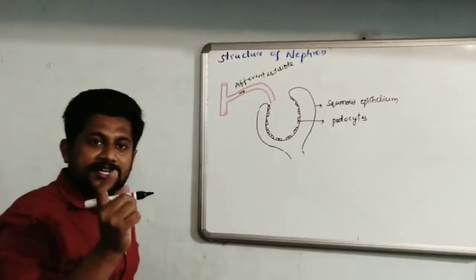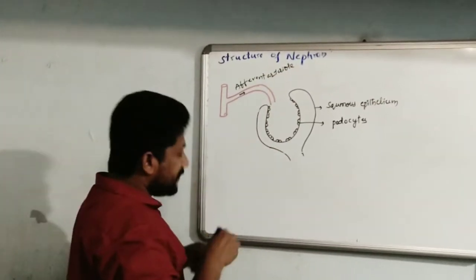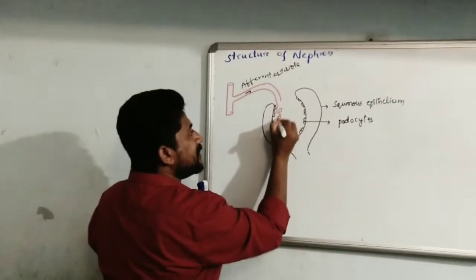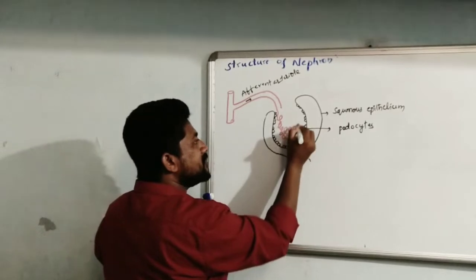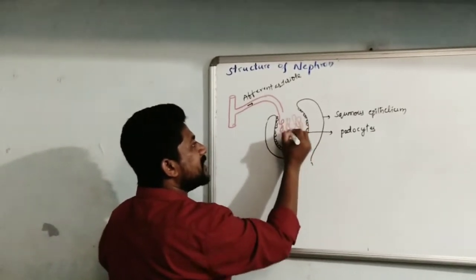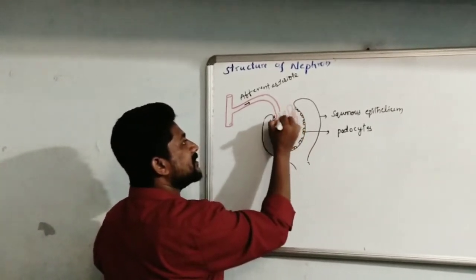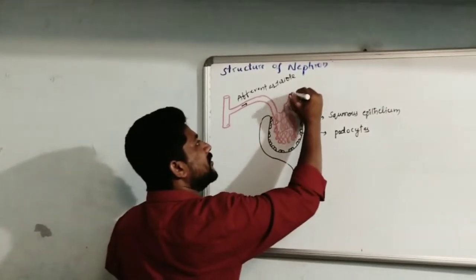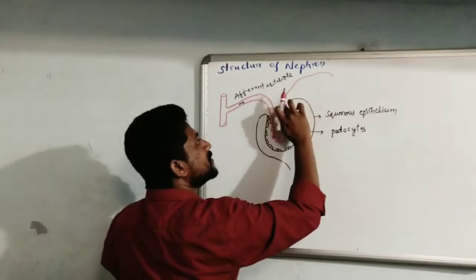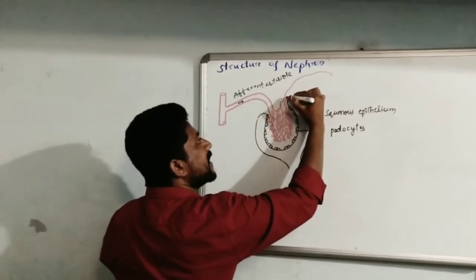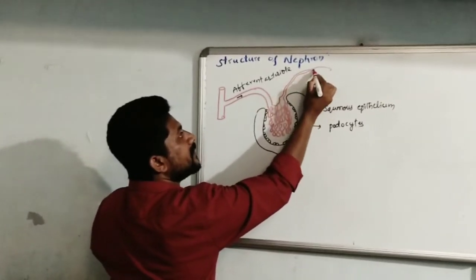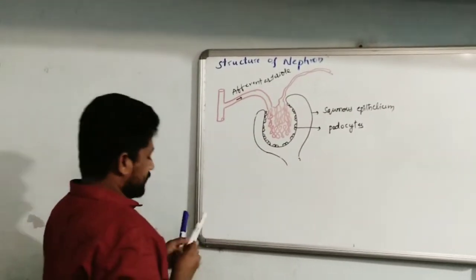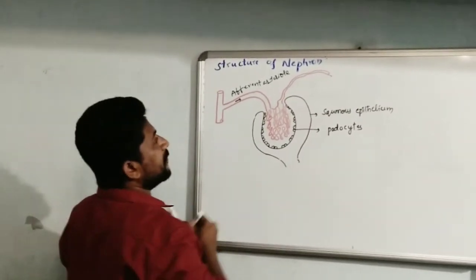This afferent arteriole splits into very minute capillary tufts, a network-like structure. It is continuous and moves out from the Bowman's capsule in the form of the efferent arteriole.